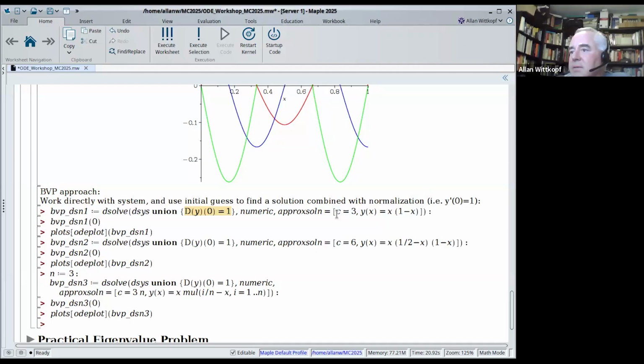It turns out that the way of doing this with a boundary value problem solver is with an approximate initial solution. You give approximate values. I should note one thing. The boundary value problem solver in Maple actually deals with parameters as a degree of freedom.